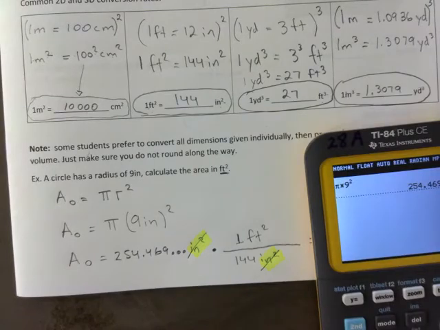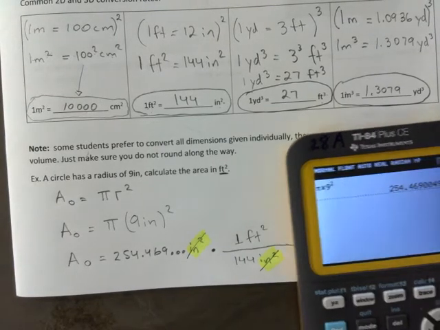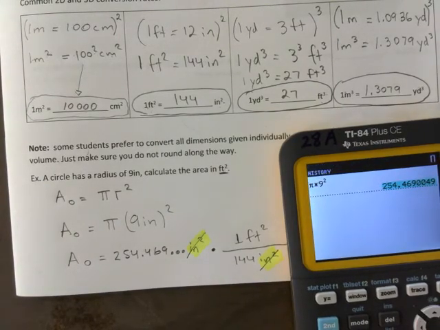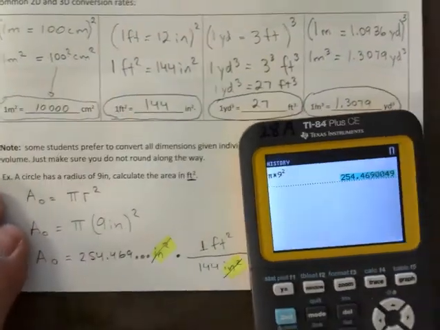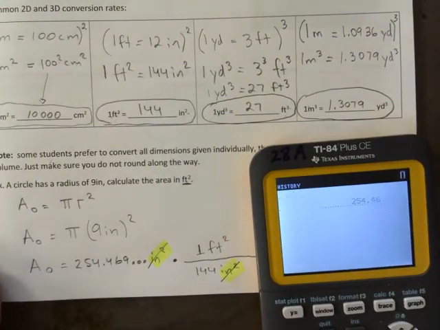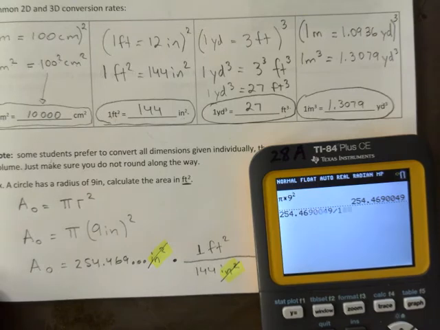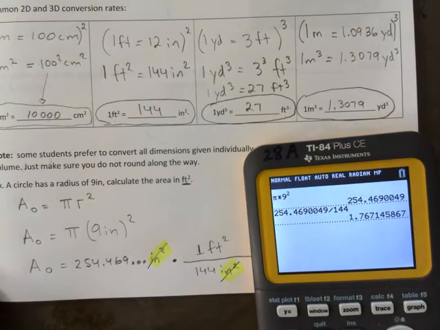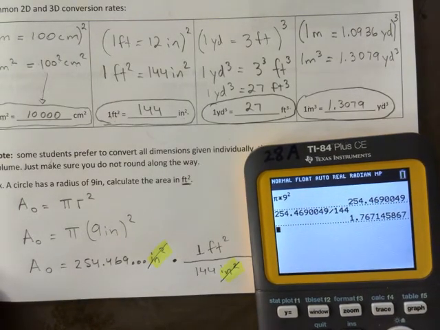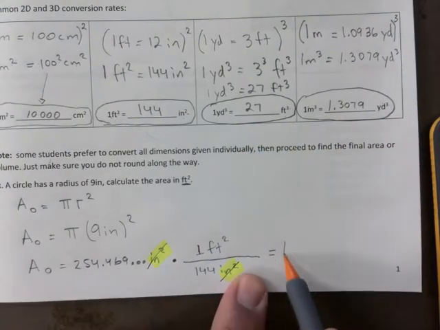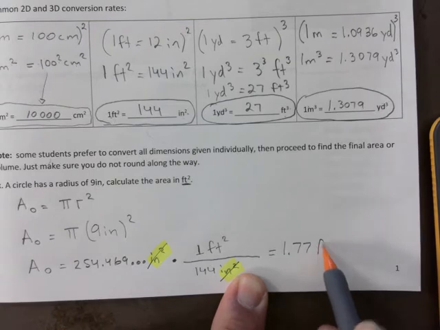Okay? So you remember how to do that on the calculator? So I'm going to call my last answer. Sorry, I'm going to move that a bit. I'm going to call that last answer divided by 144, and that's 1.77. Now you can round, okay? 1.77 square feet.